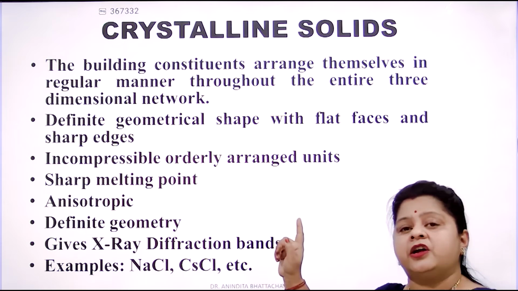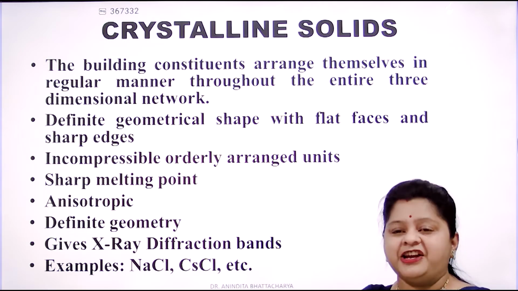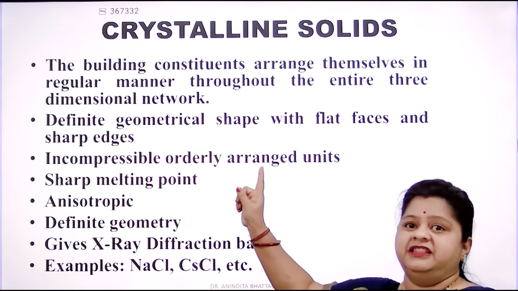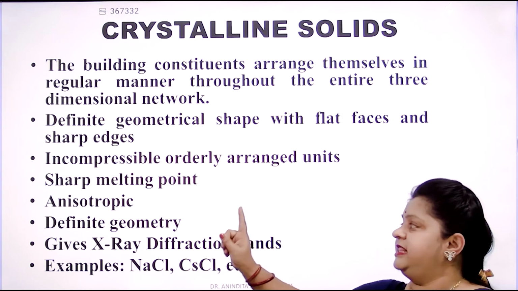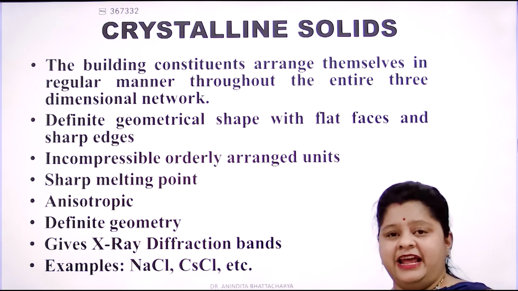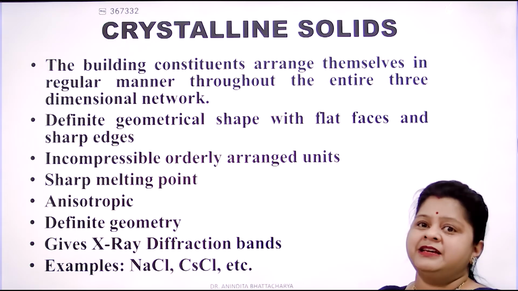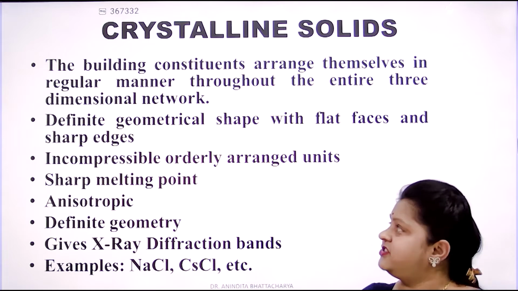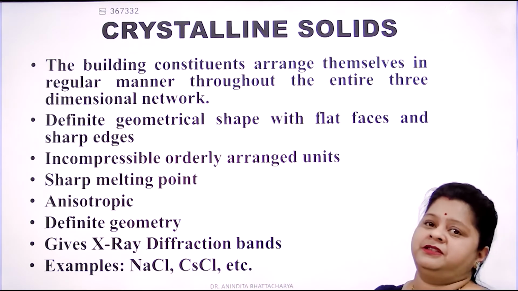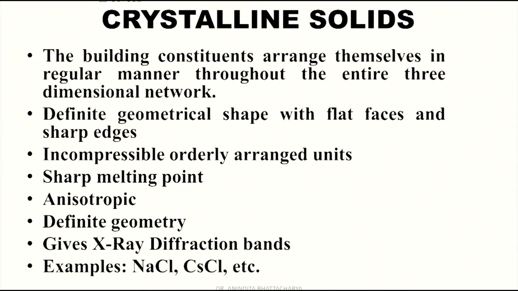Since they are arranged in an orderly fashion, they have a sharp melting point, they are anisotropic, they have a definite geometry, they give X-ray diffraction bands, and examples of these crystalline solids are sodium chloride, cesium chloride, sodium fluoride, etc.